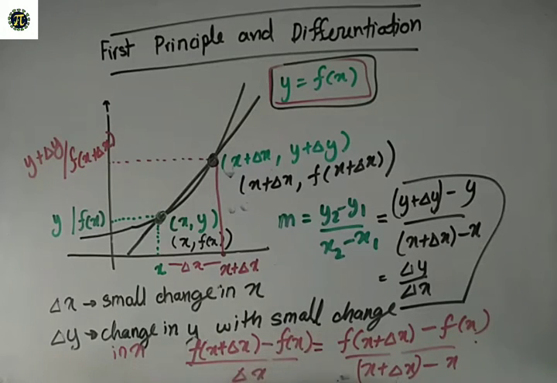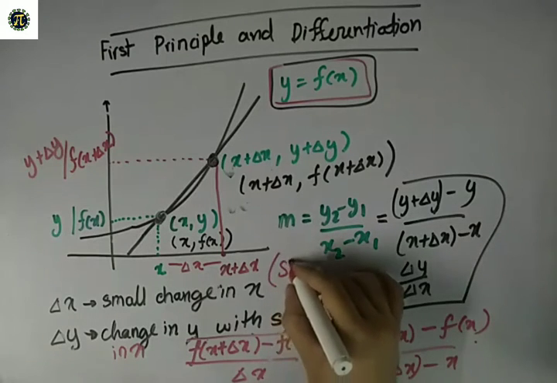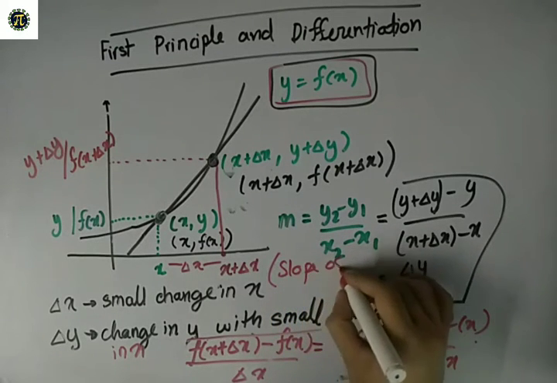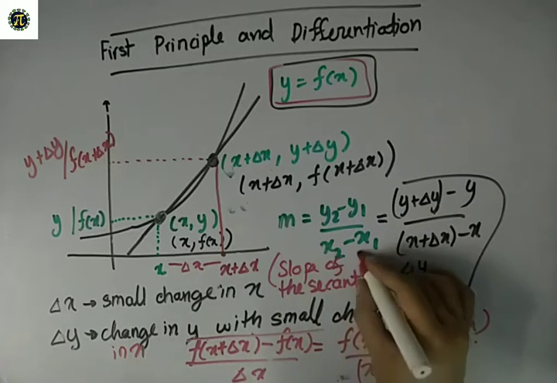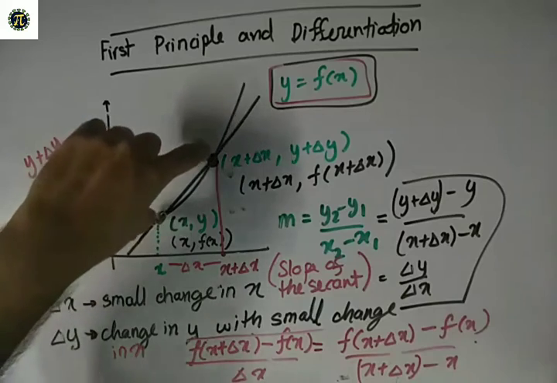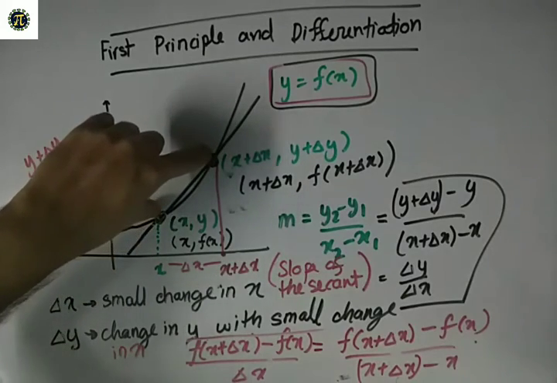Okay, so this slope, I should be more careful. I should say this is the slope of the secant, because right now this line is cutting the curve at 2 points.